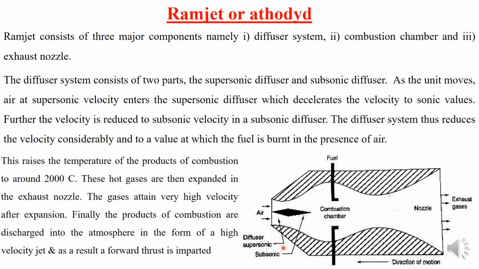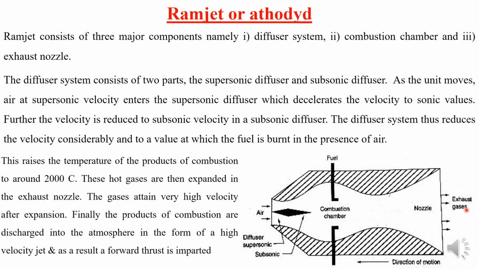Because compression has already taken place because of the shape and forward motion of the vehicle, the air comes to the combustion chamber, where fuel is injected and combustion takes place. The high pressure, high temperature gas exits from the nozzle, which will create the thrust force.